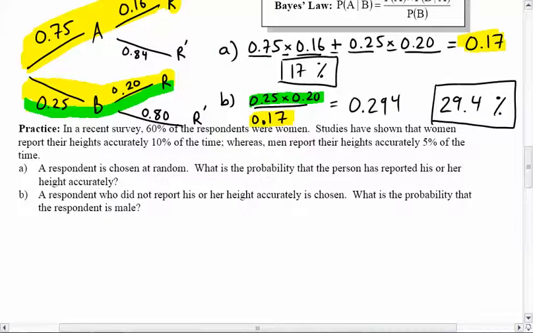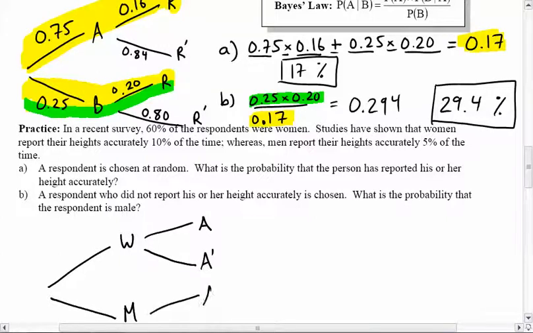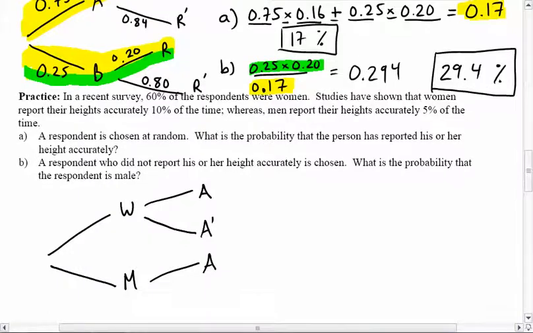Okay, I'm going to give you a moment just to try this question on your own. So you're going to want to make it a tree. This is about a survey. 60% are women. The rest are men. And women accurately report their height 10% of the time, whereas men accurately report their height only 5% of the time.